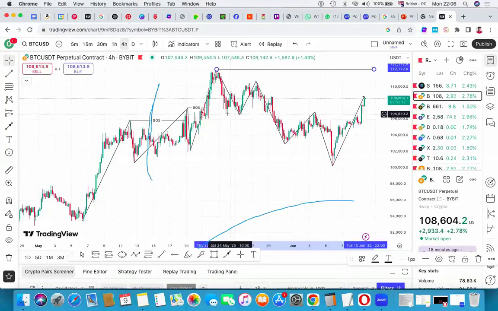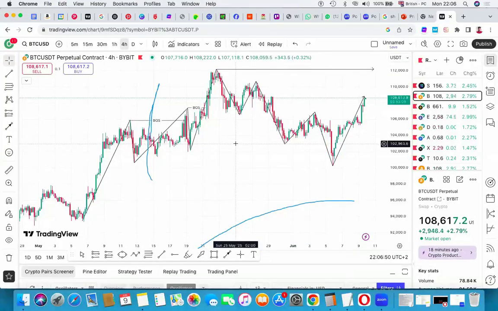So we can consider this as a break of structure. Market came down, right? And was still around here. We can consider this as well as a break of structure because it's still within this leg here. So we say there's an impulsive move, pullback, and there's a break of structure.